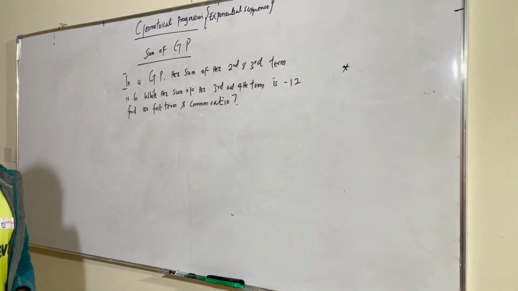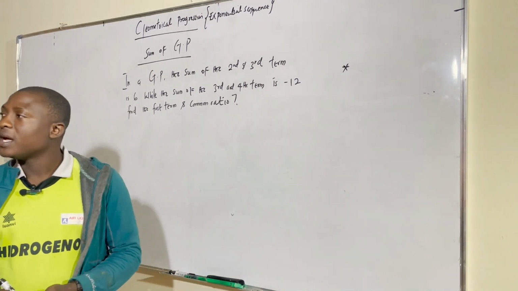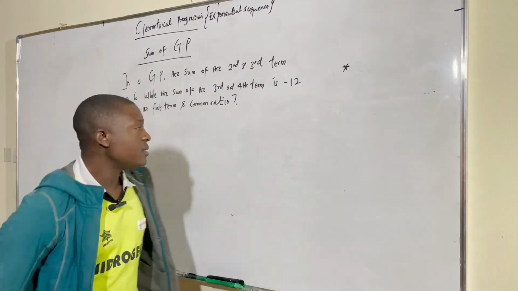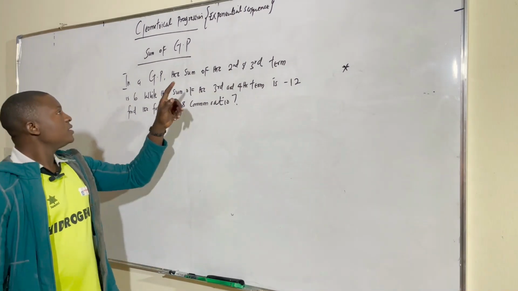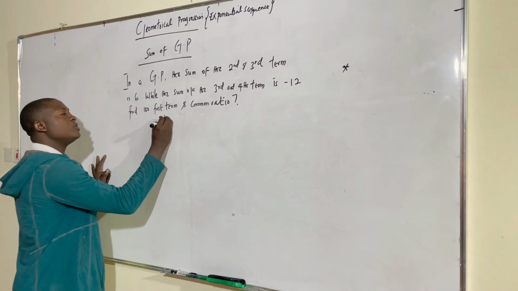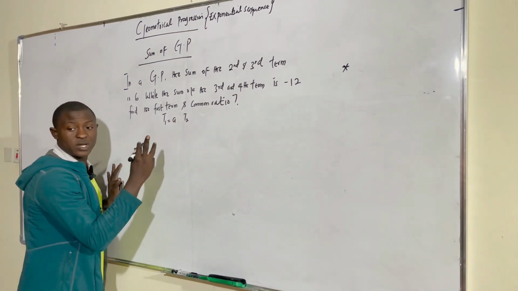So this doesn't require us to use the formula. You can just make use of that and check if it's going to work. Now, let's check. In a GP, you know they use the word sum. The sum of the second and third term. So let's firstly write the terms. We know first term is A, right? Second term is AR, we have done that one before.